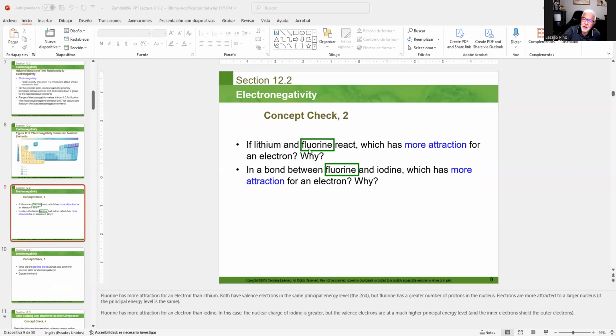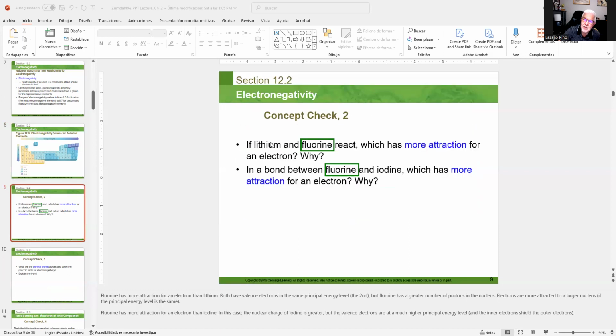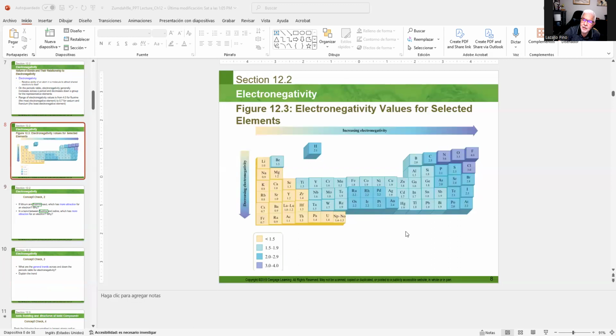If lithium and fluorine react, which has more attraction for the electrons? Then you go here, lithium and fluorine. Well, lithium is here, 1.0, and fluorine is here.